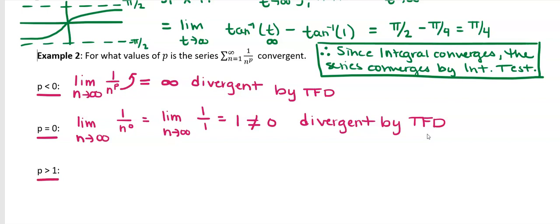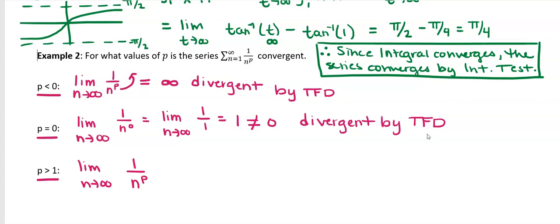Now let's look to see when p is greater than 1. So here we have the limit as n approaches infinity of 1 over n to the p form. And again, p is greater than 1.